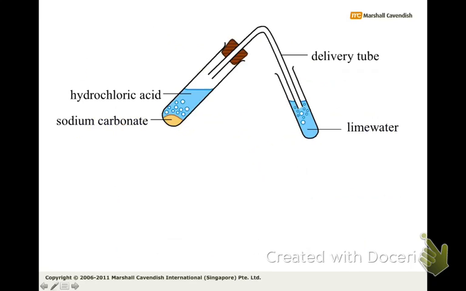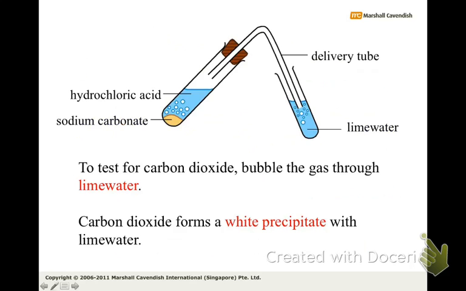Now how do you test for carbon dioxide? It's very easy. You have learned it in practical by now. You cover the reaction mixture with the stopper and delivery tube, and then you submerge the opening of the delivery tube in lime water, and when there is carbon dioxide, your lime water will form a white precipitate.